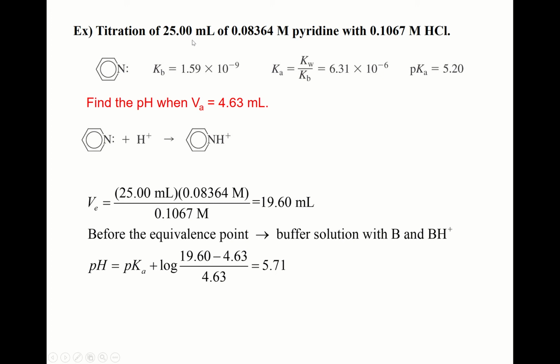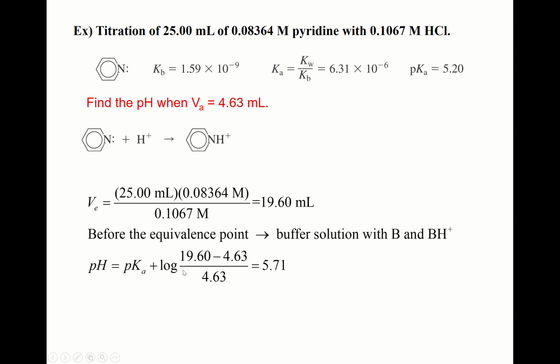The number of moles is the same, so the numerator is the volume times the concentration, divided by the strong acid concentration, and the value is 19.60 milliliters. This is the equivalence point volume. But since we only added this amount of volume, the situation is before the equivalence point. How do we calculate pH? We use the Henderson-Hasselbalch equation.